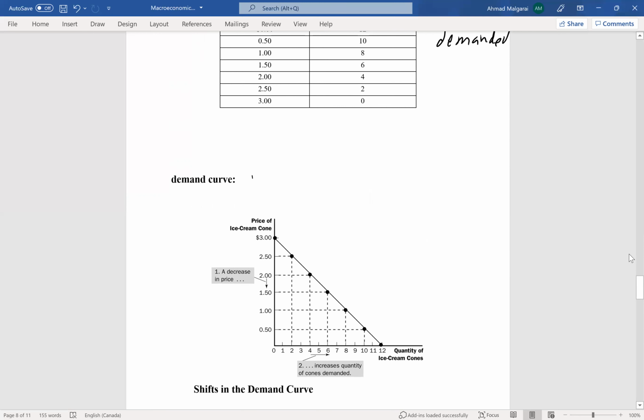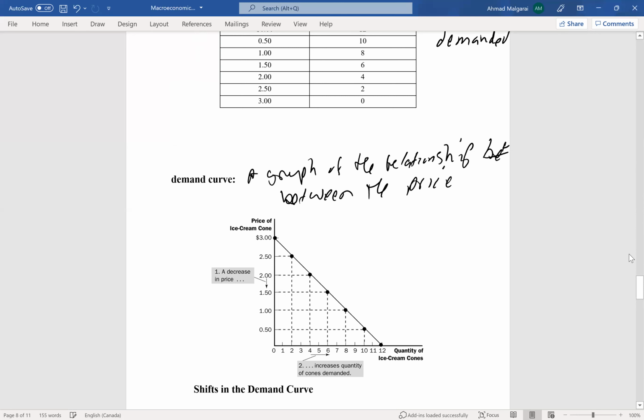So this is a graph of the relationship between the price of a good and the quantity demanded.